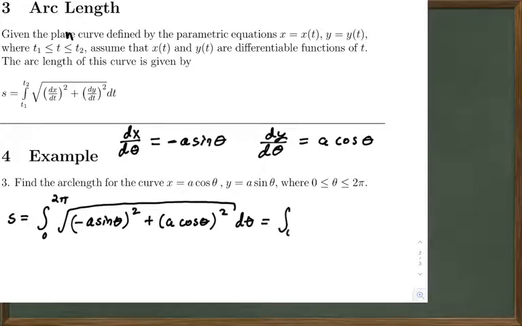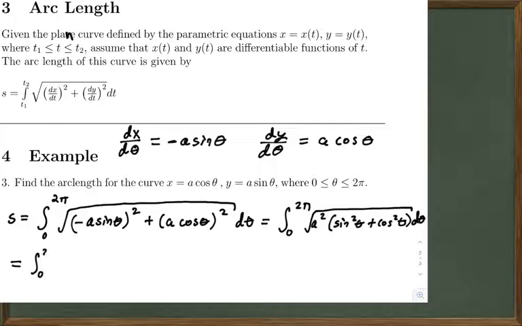Okay, so it's going to be equal to the integral from 0 to 2 pi of the square root of a squared times the quantity sine squared of theta plus cosine squared of theta, d theta.